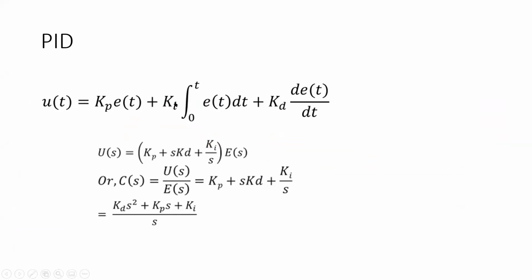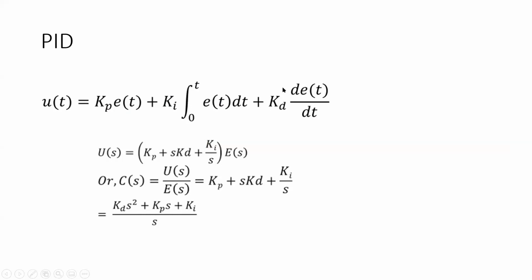Then the integral: Ki is the gain value that you enter. This integral is nothing but summing up all the errors so far, from 0 to t, up to that particular time, multiplied by this Ki.